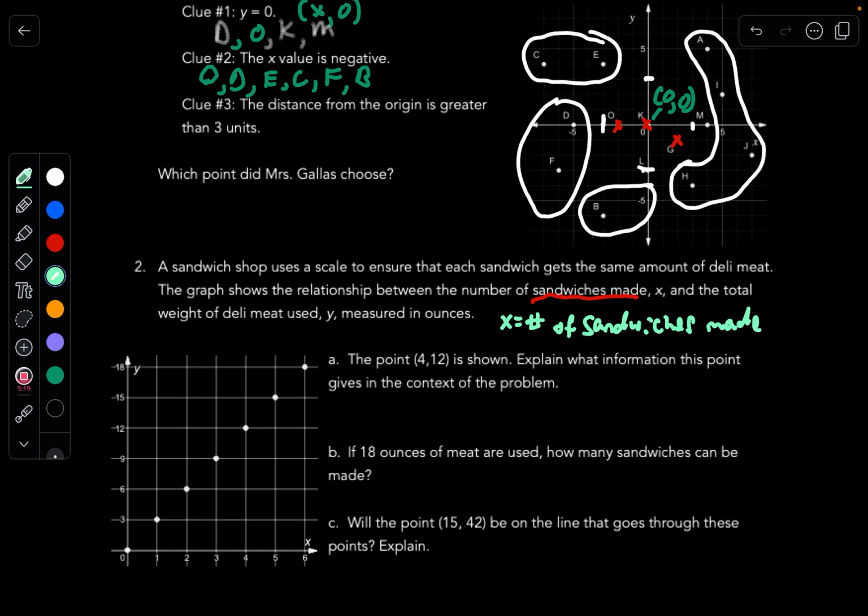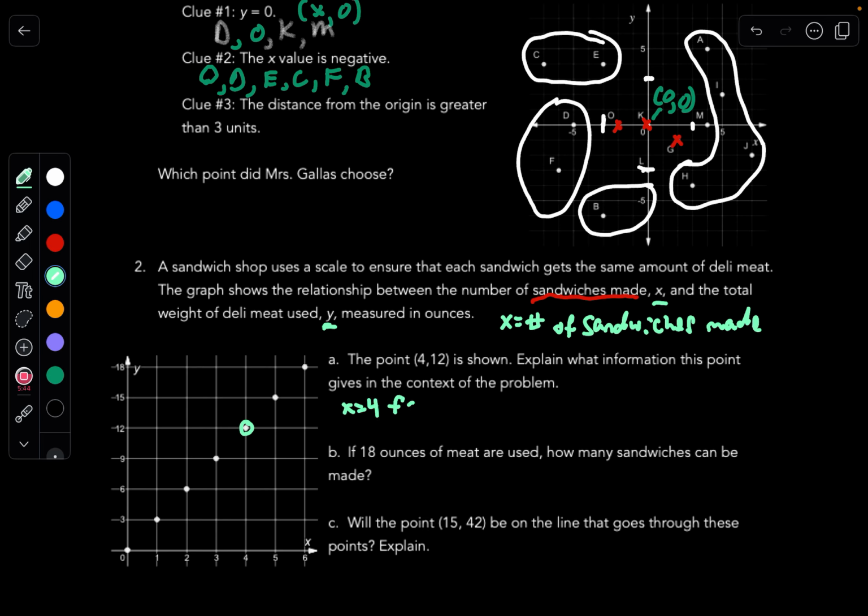Okay. The point (4, 12) is shown. That's this point right there. Explain what information this point gives in the context of the problem. So again, sandwiches made is X, and the total weight of deli meat used is Y. So (4, 12) means X equals 4.